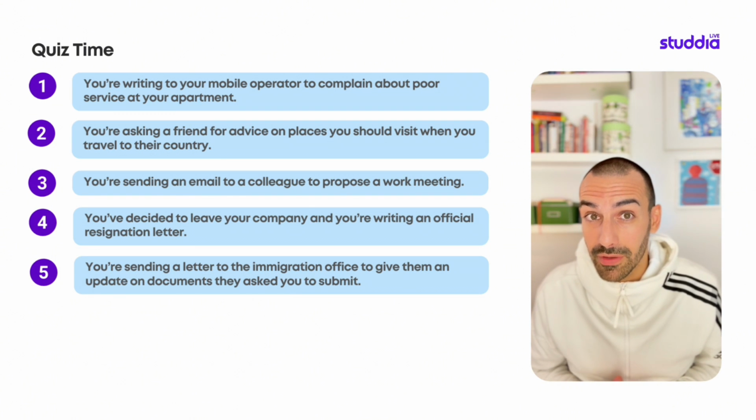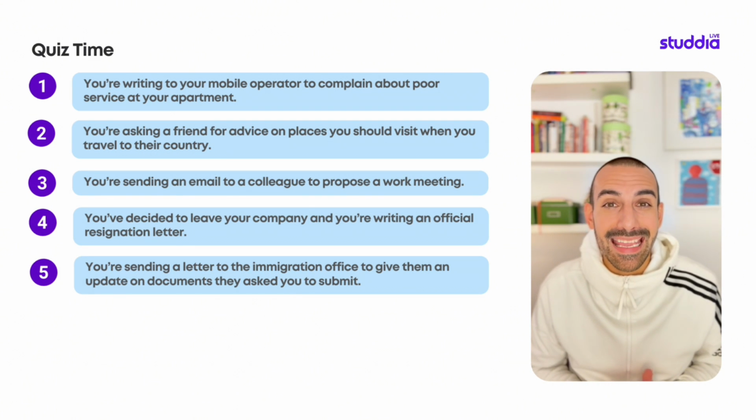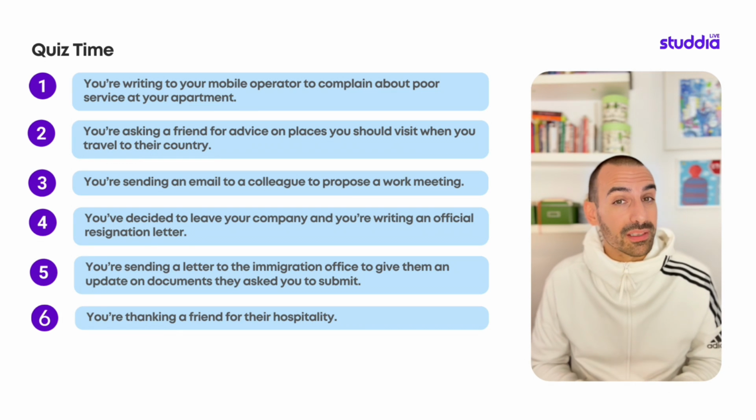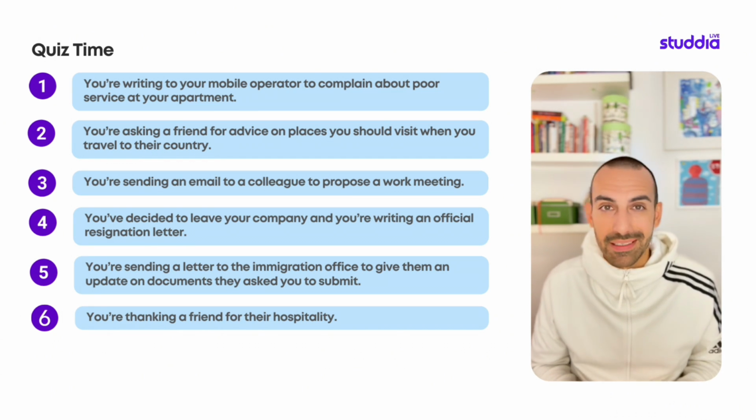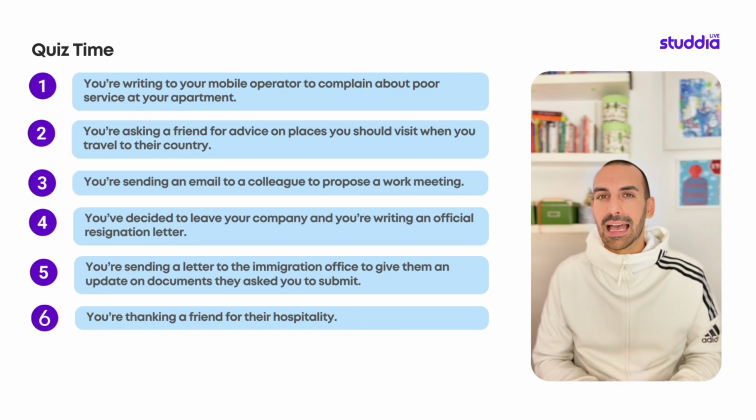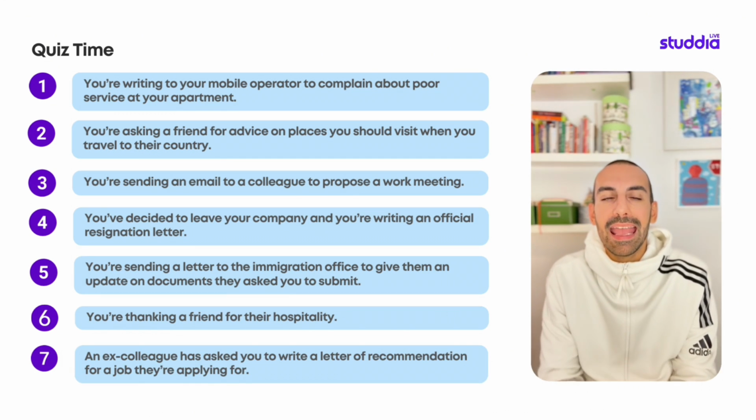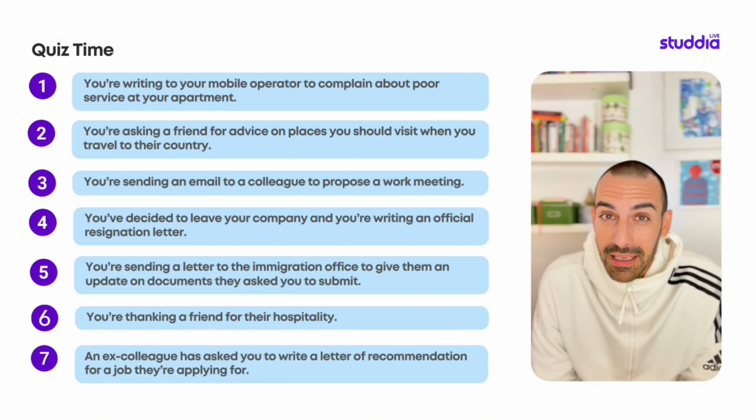So, immigration office. Next one: you're thanking a friend for their hospitality. Maybe you stayed at their home during a visit. And the last one, an ex colleague of yours has asked you to write a letter of recommendation for a job they are applying for.